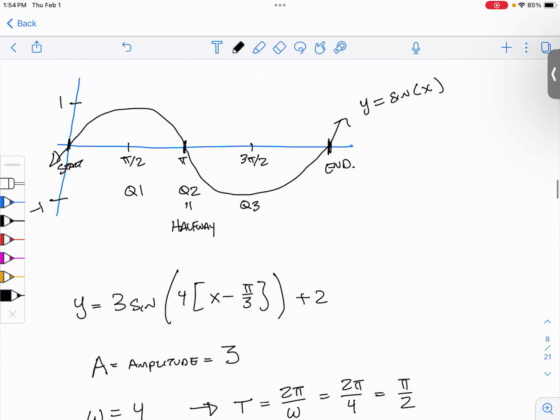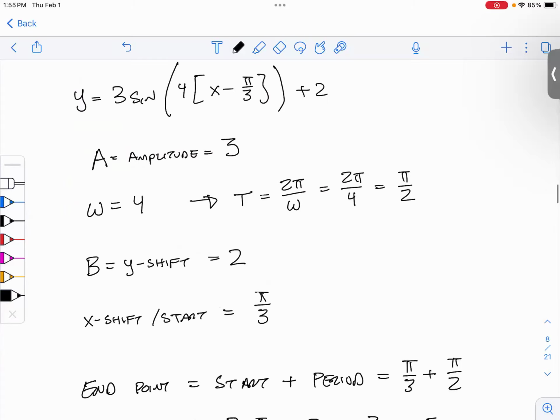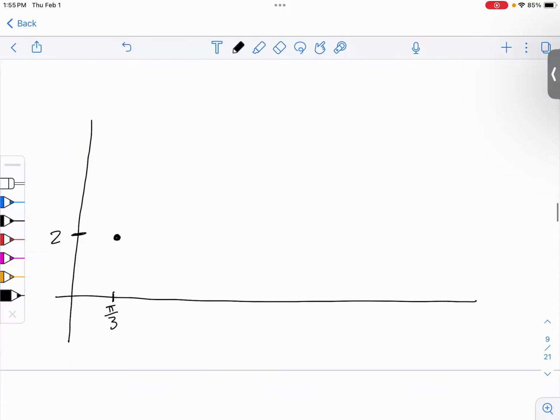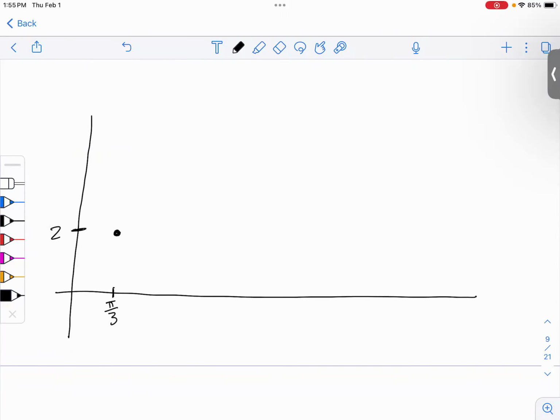Then our first quarter on our standard graph goes up to its maximum. At the first quarter point, our maximum was 1. But now, since our amplitude is 3 and we started at 2, what is our new maximum? 5.